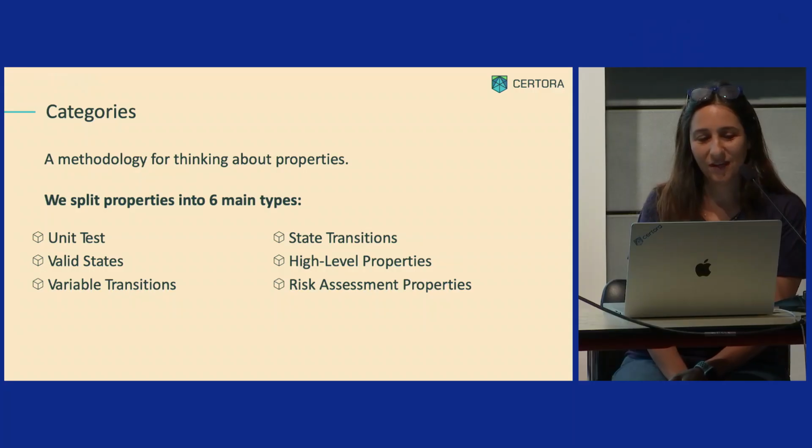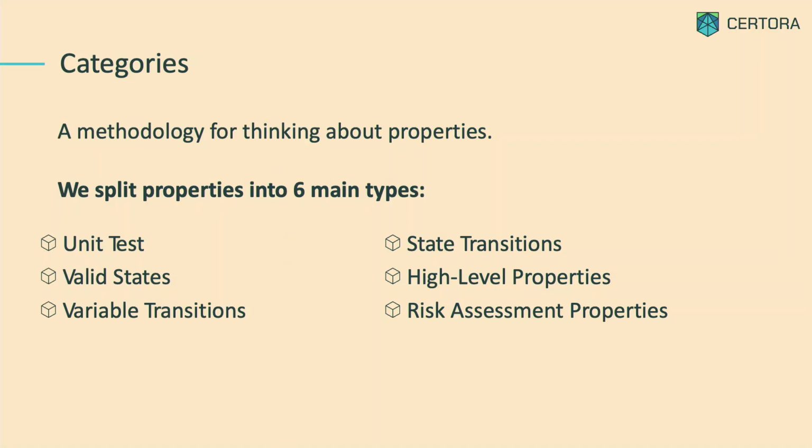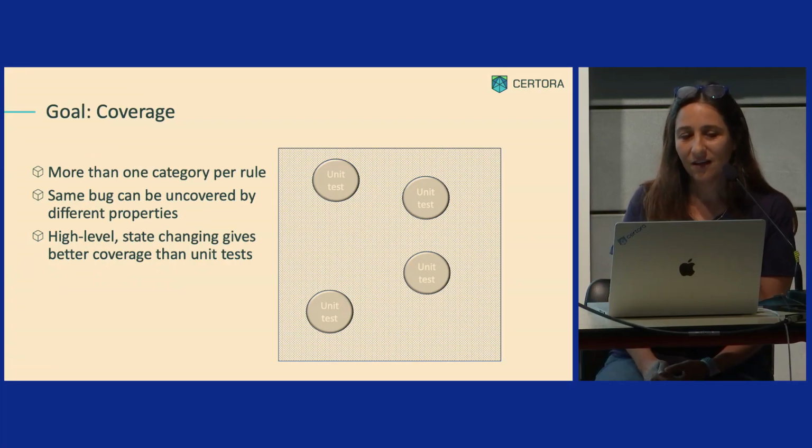So we have 6 main types of properties: the unit test, valid state, variable transition, state transition, high-level properties, and risk assessment properties. It's a way that I like to split properties, but it's not clear cut. So a property can be even more than one category.